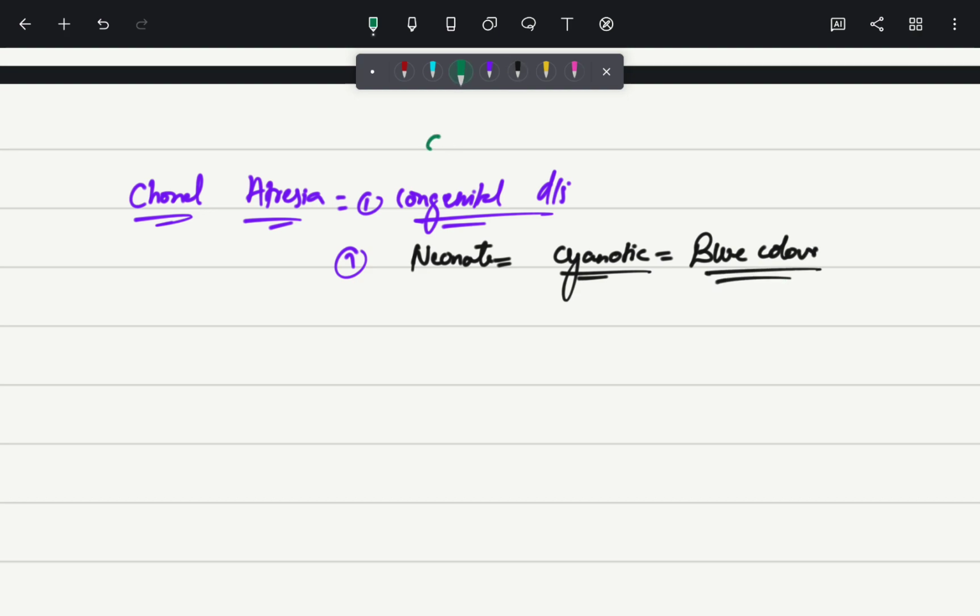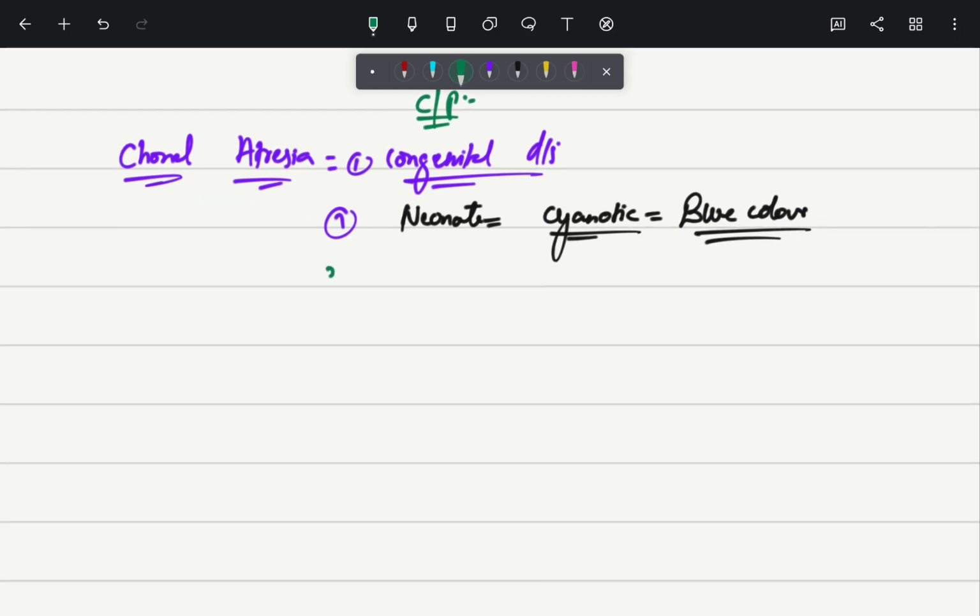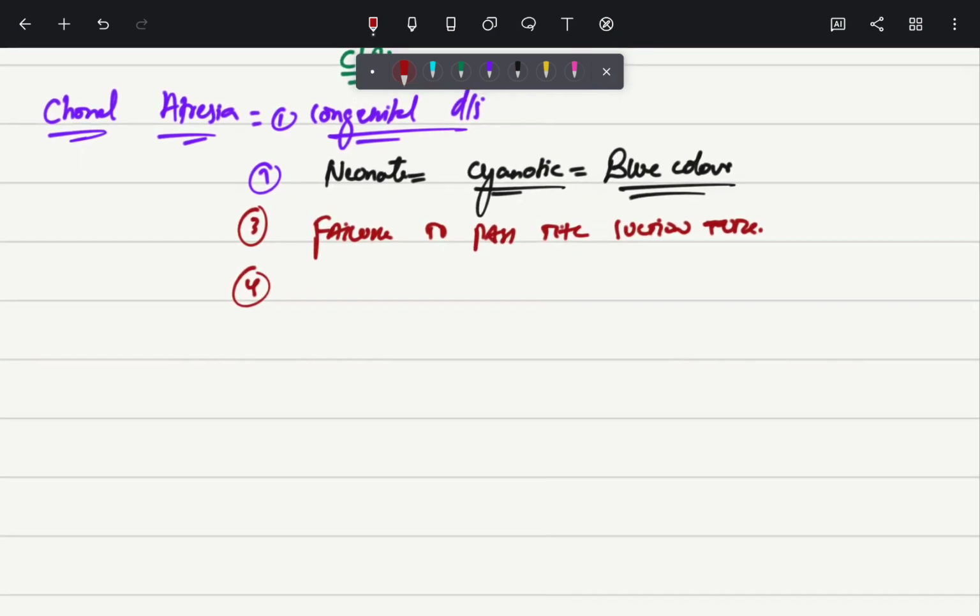So the clinical picture is a neonate presented to you who is cyanotic or blue in color. Not only that, in the exam they may ask about failure to pass the suction tube. Okay, failure to pass the suction tube.